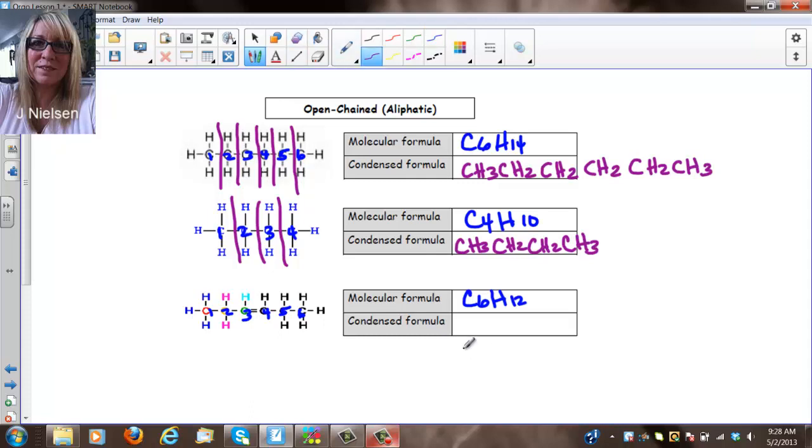Let's put this in the condensed. And draw my lines. So, starting from left to right, I have CH3, I have CH2, I have CH, followed by CH, followed by CH2, followed by CH3.